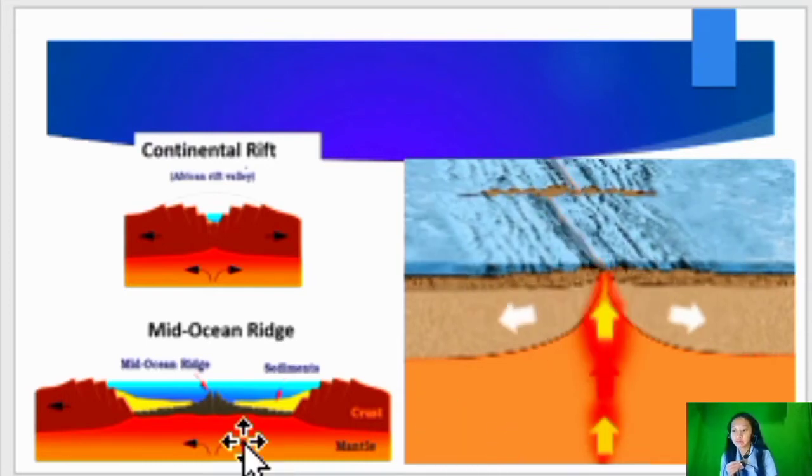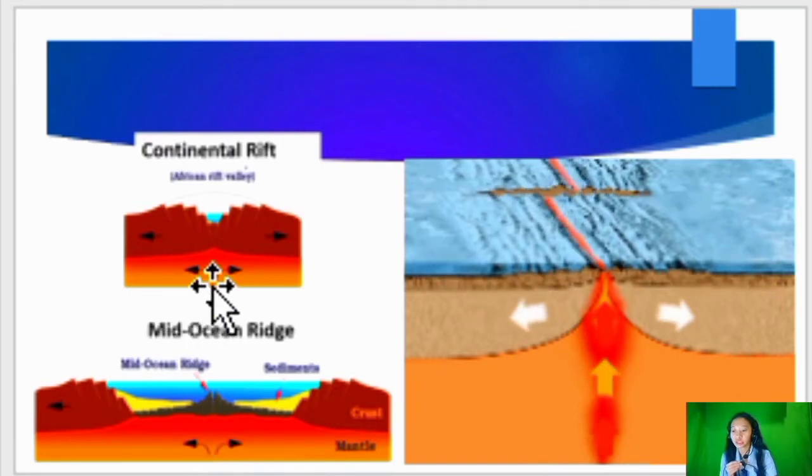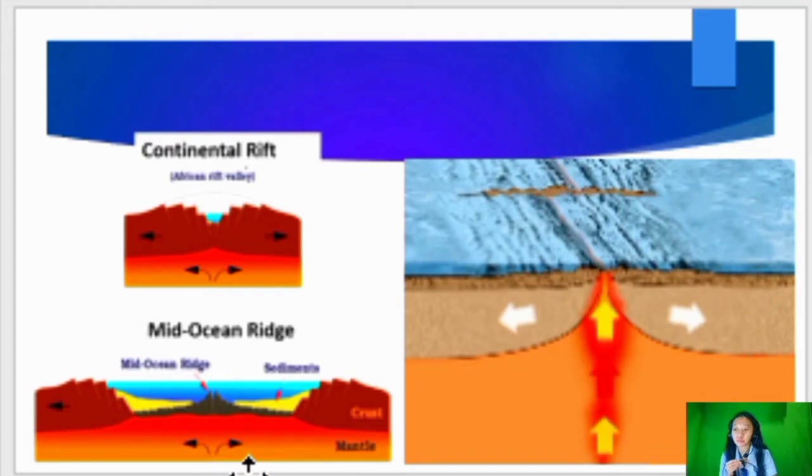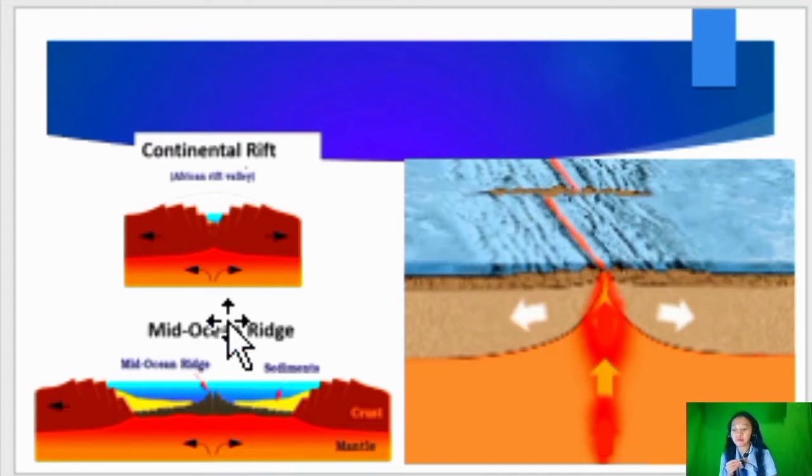So as we can see, the two plates move away from each other, creating a tension zone. Since it is a continuous process, they keep on moving apart.